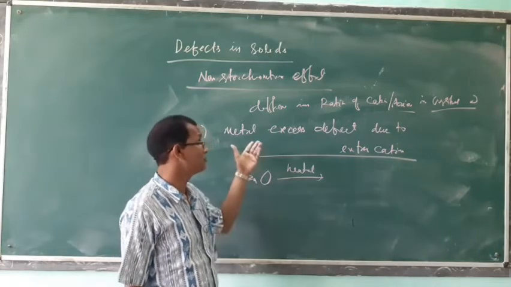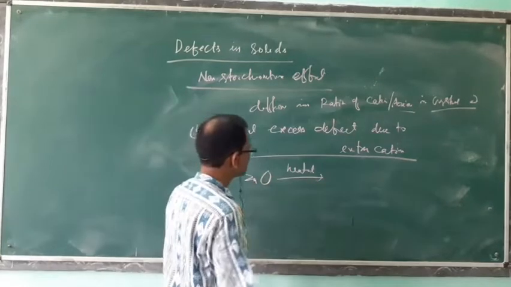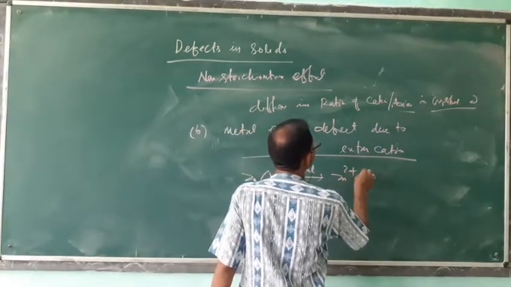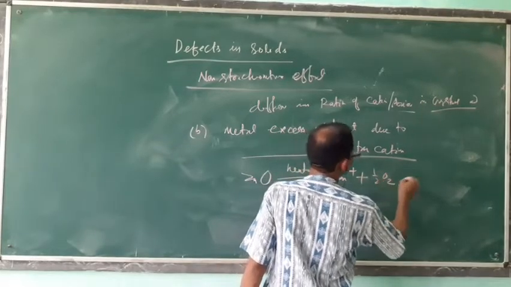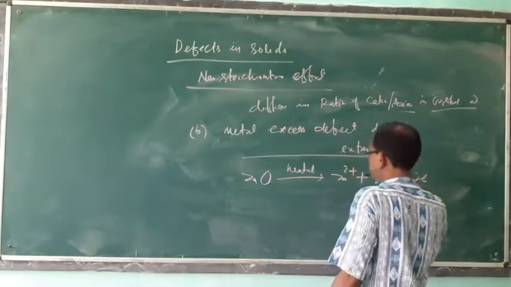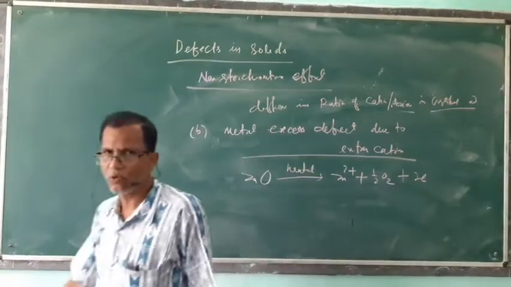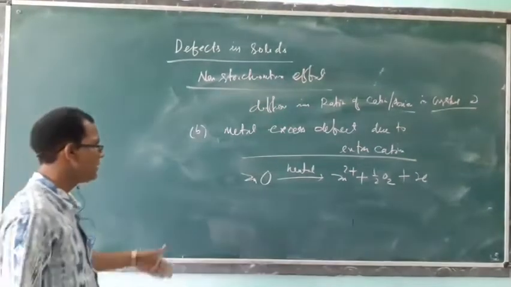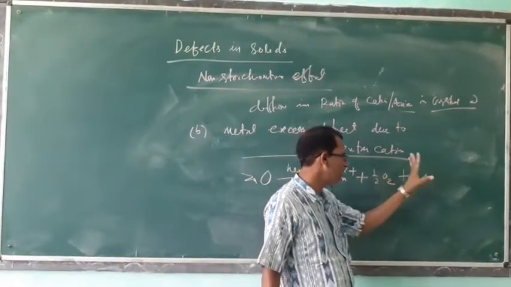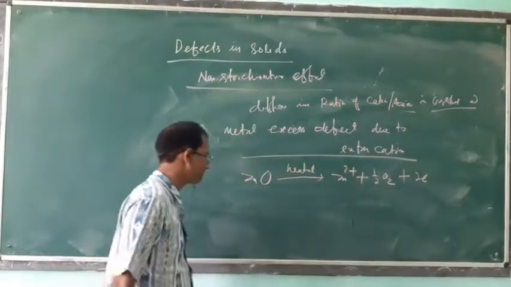That's why it is showing a defect. When zinc oxide is heated, it gives zinc ion, oxygen gas and 2 electrons. Zinc oxide is covalent in nature, it is not ionic. When it is heated, it produces Zn2+, half an oxygen and 2 electrons to balance it.